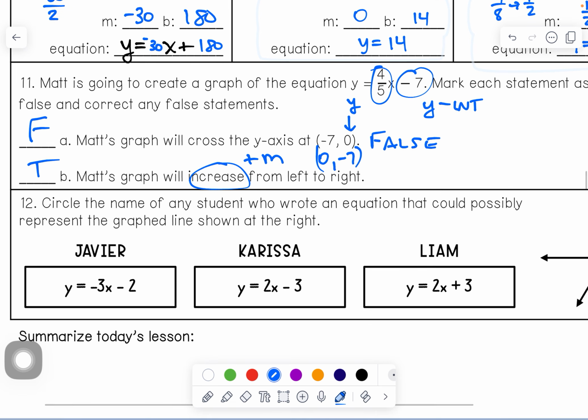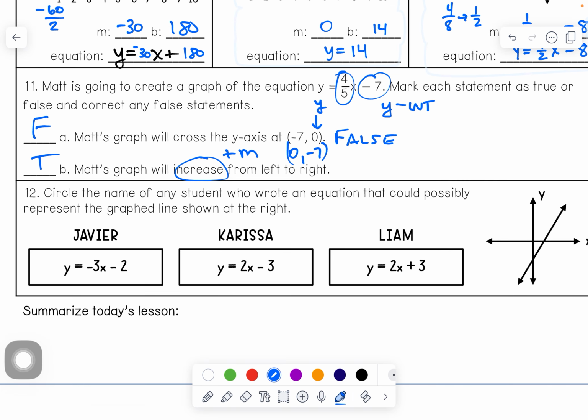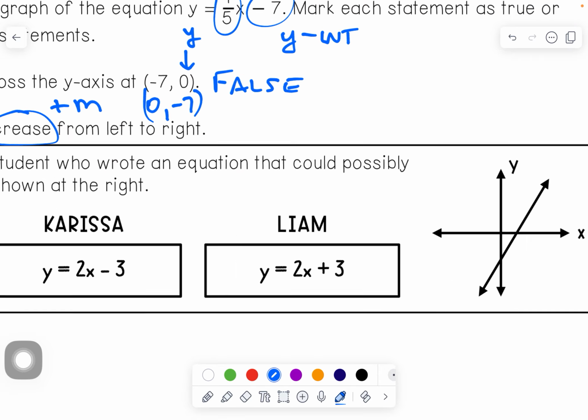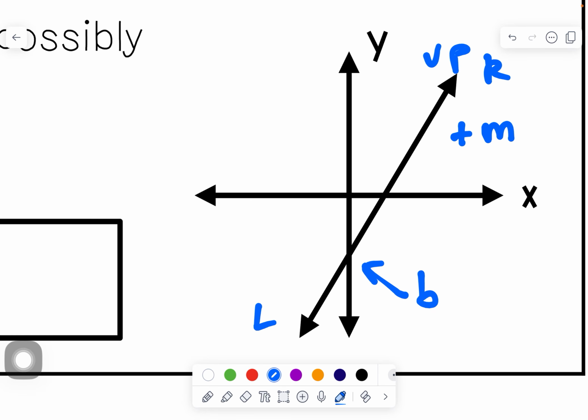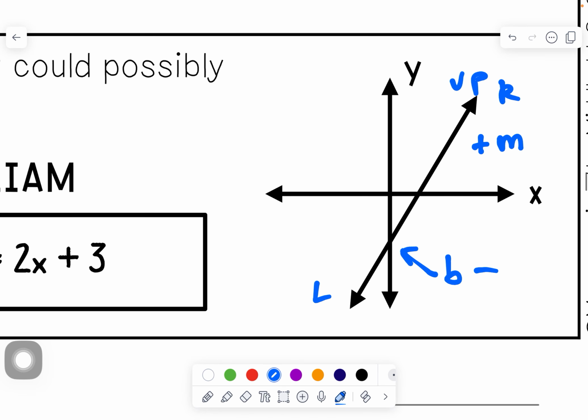Circle the name of any student who wrote an equation that could possibly represent the graph shown. Now, there's no details in the graph, but what we need to notice here is that my m is positive because it's going up left to right. And my b is negative because it's touching below the origin.